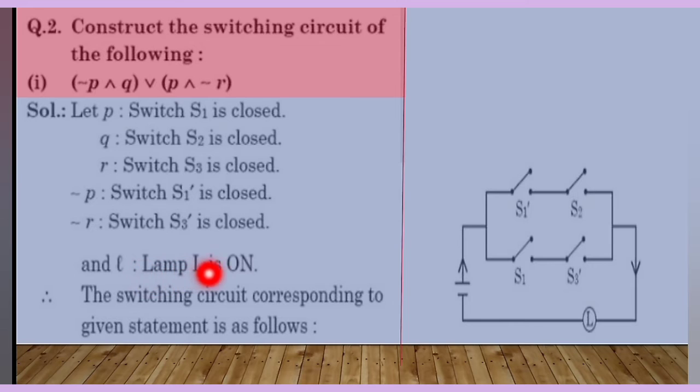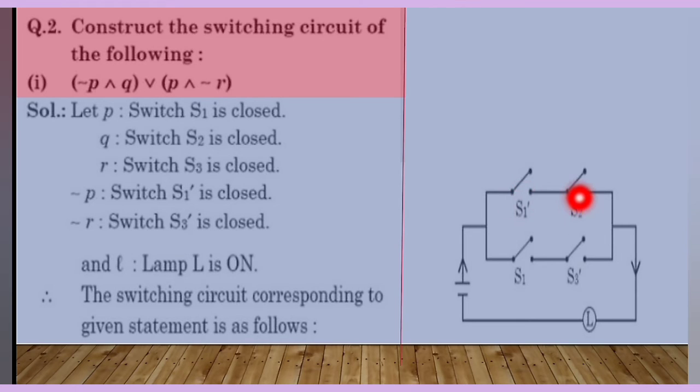The switching circuit corresponding to the given statement is as follows. This is the circuit of this statement. First, negation P means S1 dash. This S1 dash is in series with Q, meaning S2, since we have the AND conjunction.